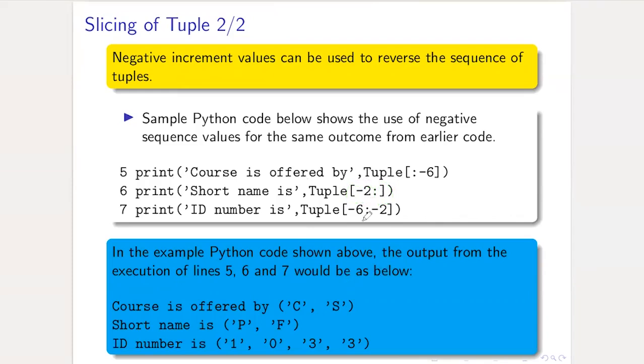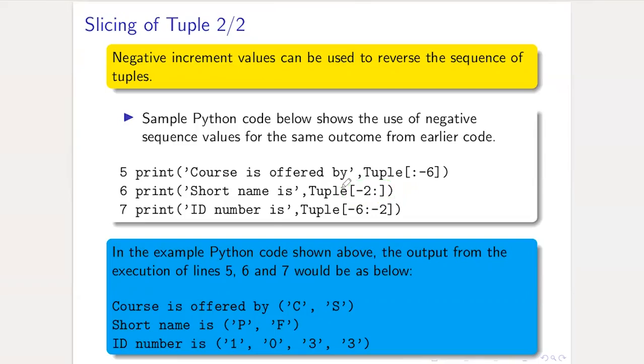As you can see, this is not a good way of getting the short name, because this will work only if the short name is 2 characters. It could be more than 2 characters for the short name.